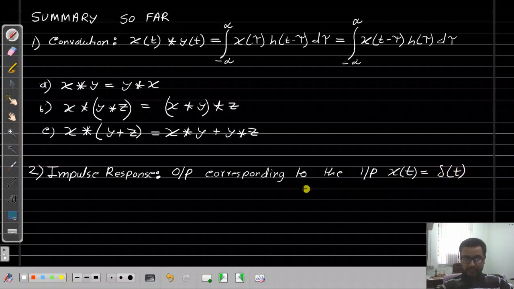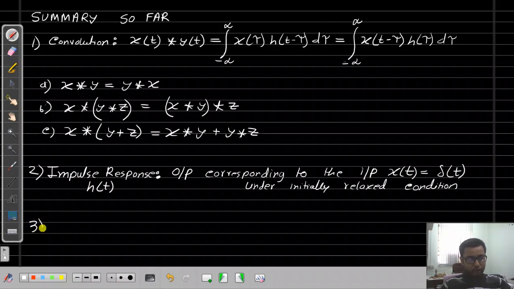To be more precise, under initially relaxed condition, if you give δ(t) as the input, you shall get h(t), the impulse response, as the output.